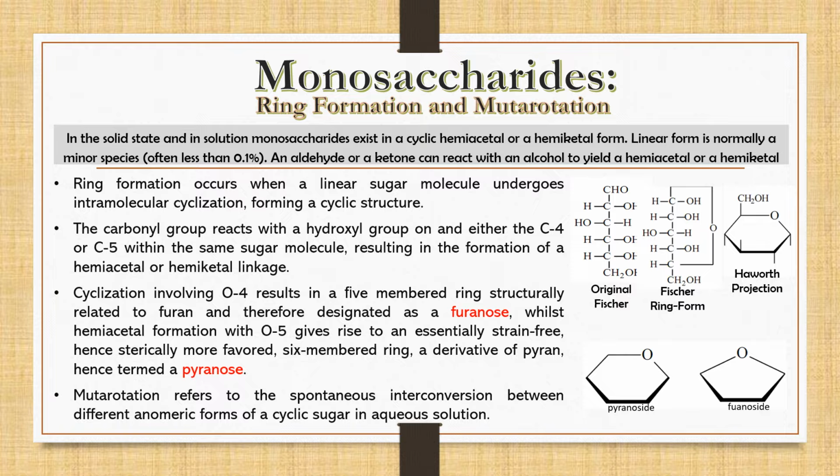When forming a ring, a 5- or 6-membered ring is most favorable and will be the one formed. Carbon 1 will be attacked by either the carbon 5 or carbon 6 hydroxyl groups to form a 5- or 6-membered ring respectively.